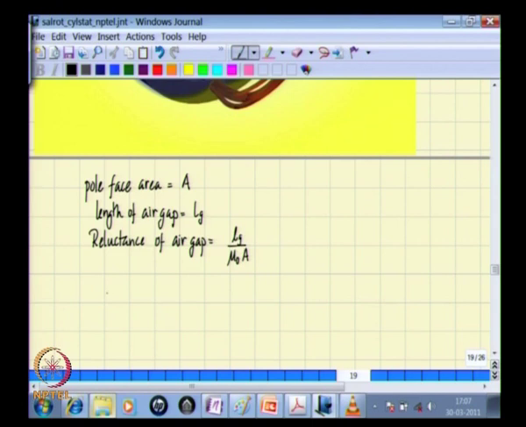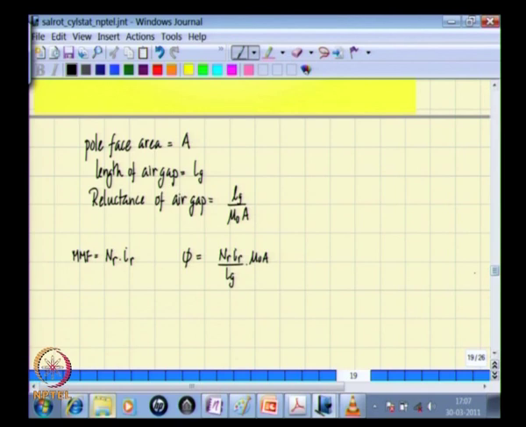The total MMF that is acting is number of rotor turns multiplied by the rotor current. This is MMF, and therefore the flux that is generated is nothing but MMF divided by the reluctance, and therefore it is Nr into Ir divided by Lg into mu naught into A. This is your flux that is going to be generated.